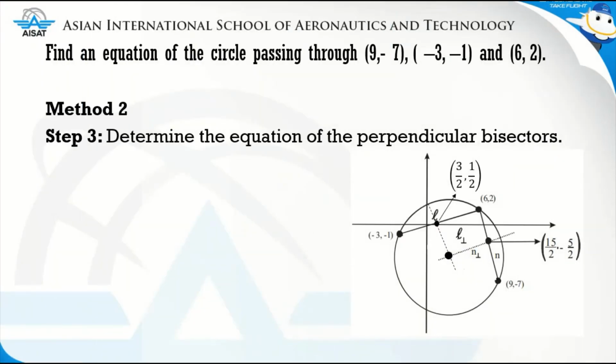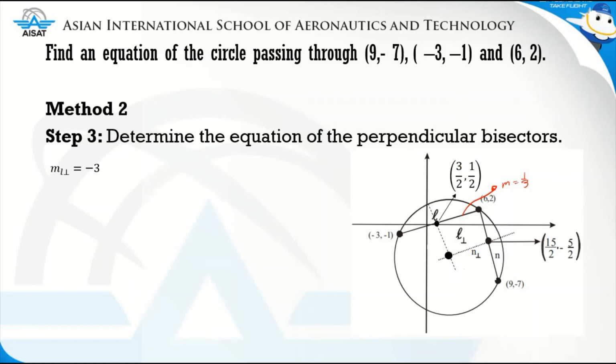Earlier, the slope of line L is 1/3. So the negative reciprocal of 1/3 is negative 3. Therefore, to get the equation of the perpendicular bisector, our values of m and the point are: m is negative 3 and the point is (3/2, 1/2).